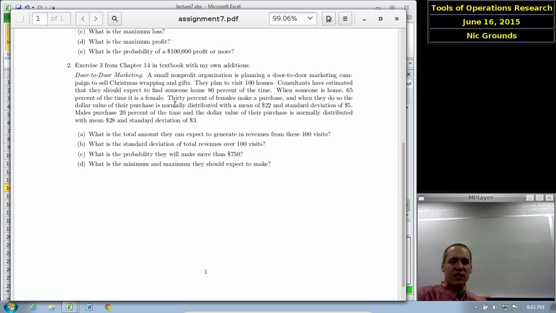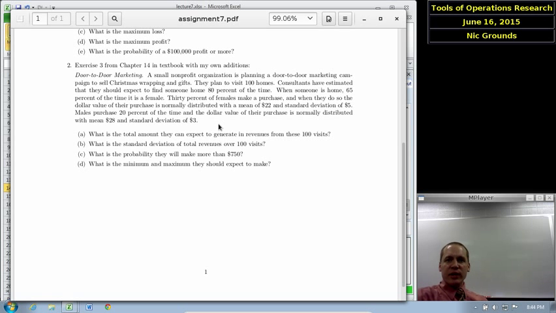So in the end, essentially what you're going to have is 100 rows, 100 sets of randomly selected values for whether or not somebody's there, who it is, whether they buy, how much they spend. And what we compute at the end is how much did we sell?